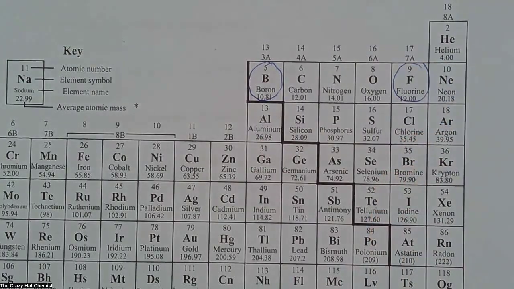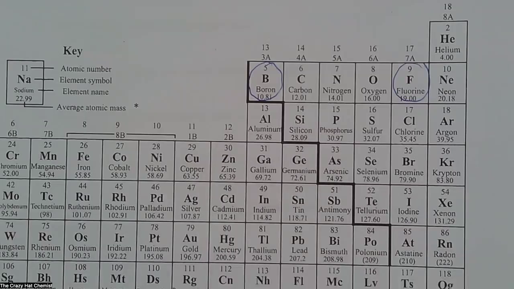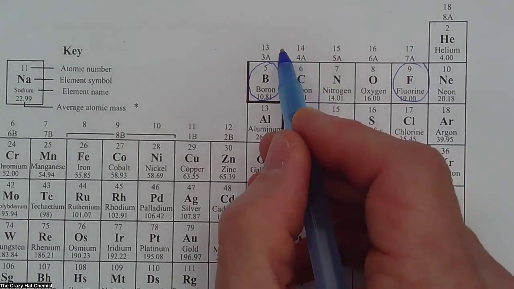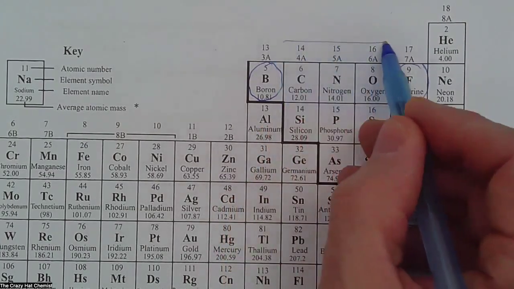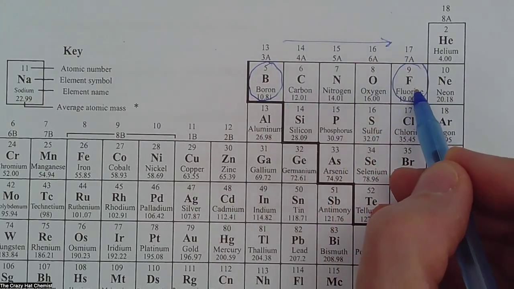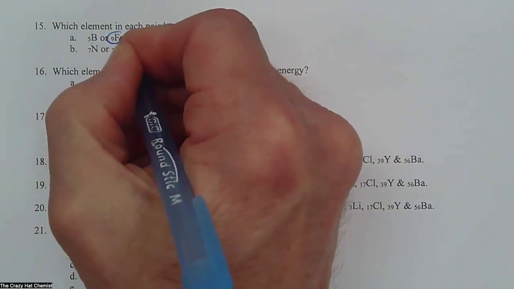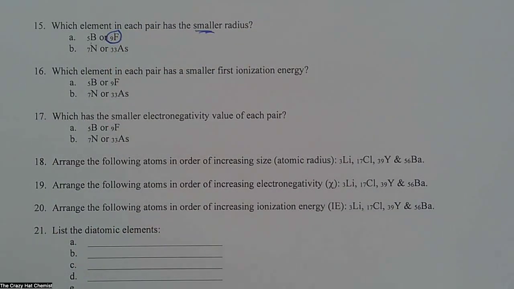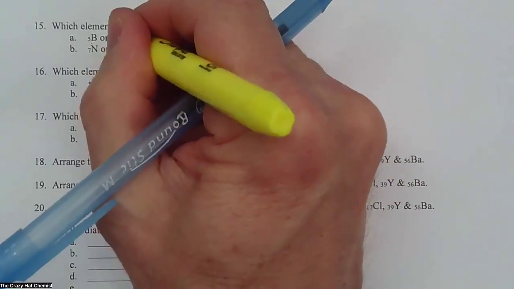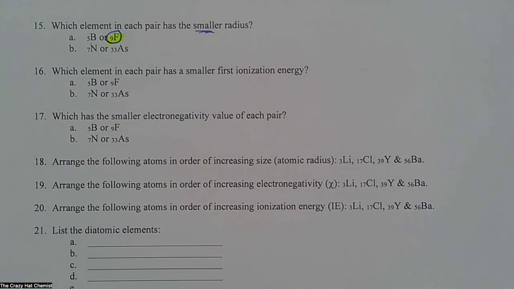Which one is smaller in terms of size? The trend in size is as you go to the right, they get smaller. So the one that's to the right is smaller, and that's fluorine. Excellent. That's the actual trend.